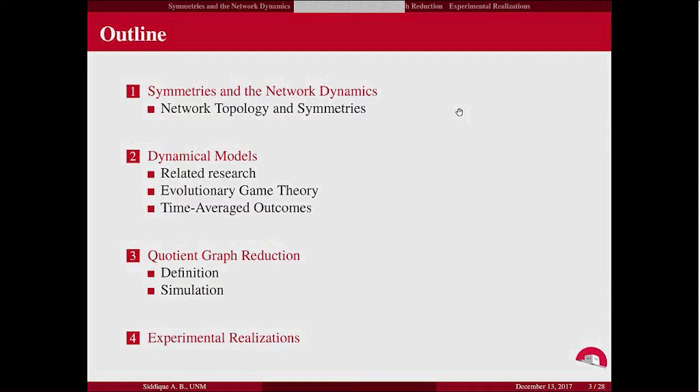For this purpose, I will discuss evolutionary game theory, then a way to reduce the graph and simulations, and finally I will show an experimental realization, in which we can show the effect of symmetries.